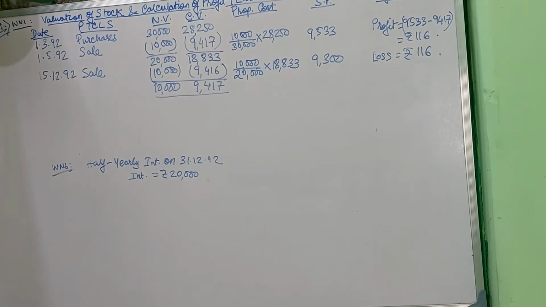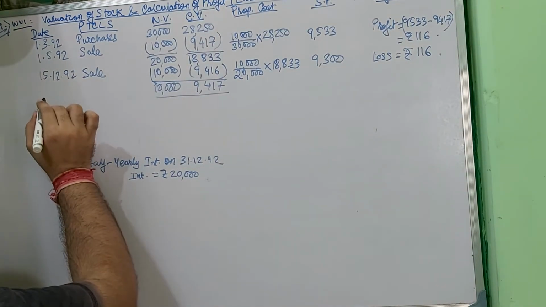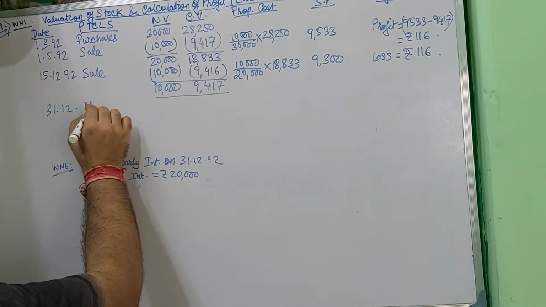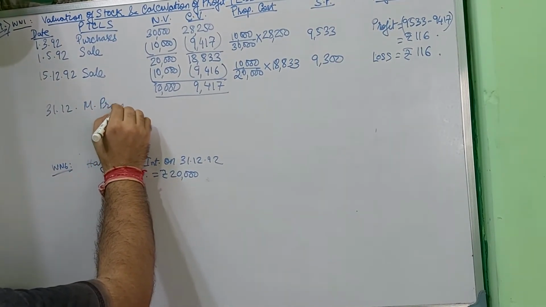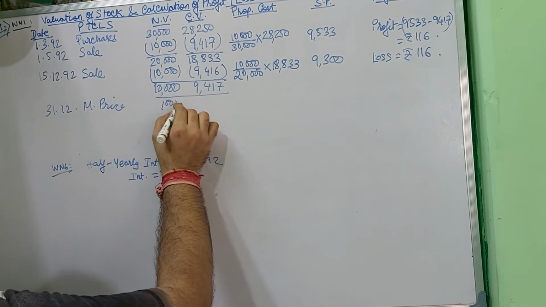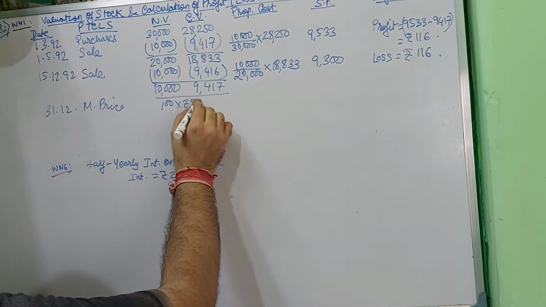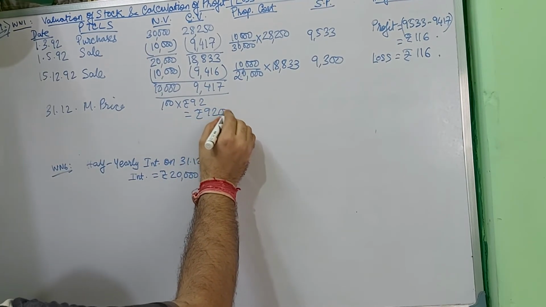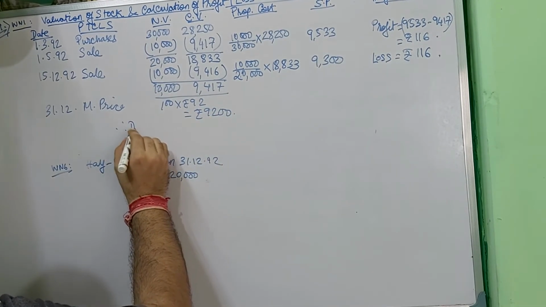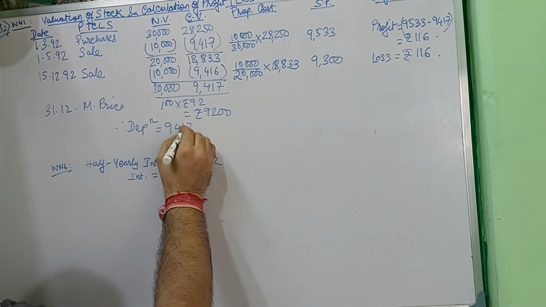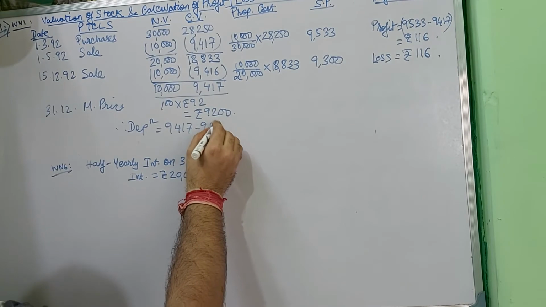And the market price on 31st December is rupees 92, meaning 100 stock at rupees 92 means 9,200, so the depreciation is there. How much? 9,470 minus 9,200.